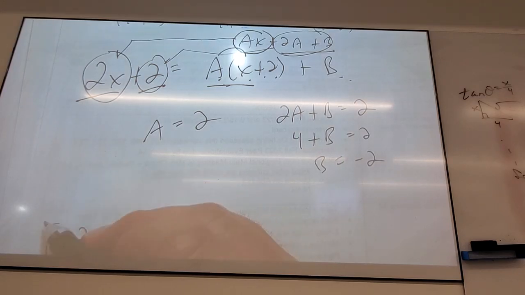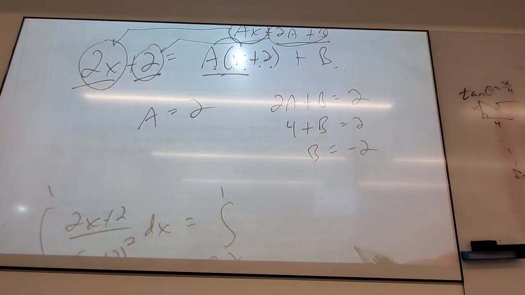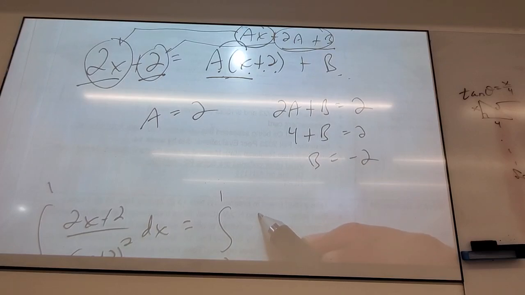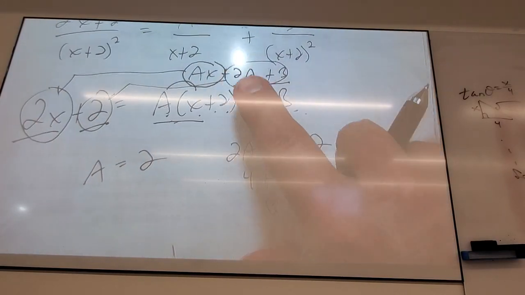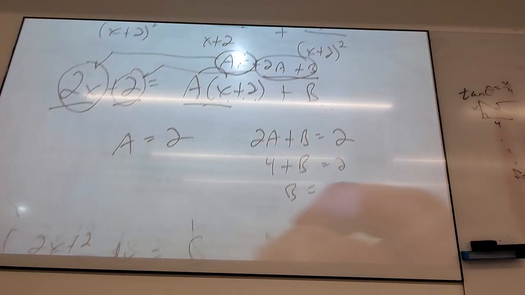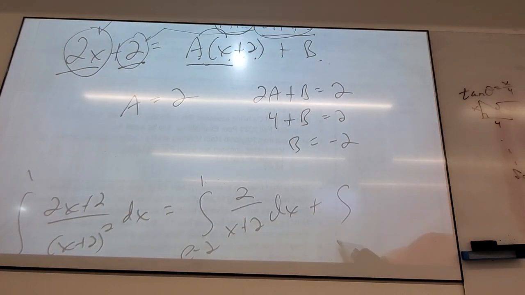Was e minus 2 to 1. What does this become? 2 over x plus 2, plus, or minus technically.